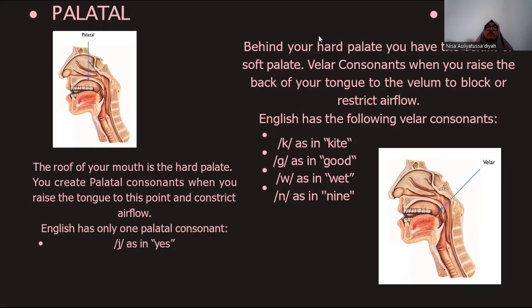English has the following velar consonants: k, as in kite, and then g, as in good, and then w, as in wet, and then ng, as in nine.